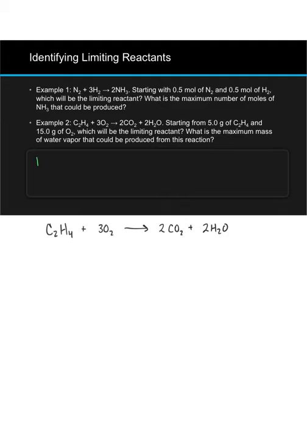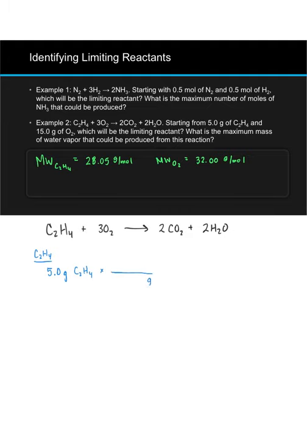The molar mass or molecular weight of C2H4 comes from 2 carbons and 4 hydrogens, a value of 28.05 grams per mole. The molar mass of oxygen comes from just 2 oxygens, 32 grams per mole. We need that information to convert given masses into moles. For ethylene, C2H4, our given starting mass is 5 grams.